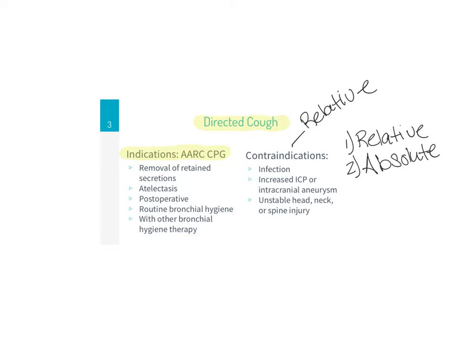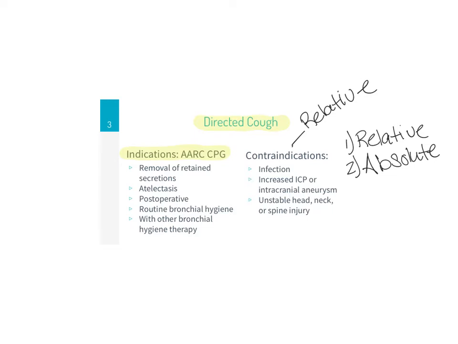Tuberculosis, if you're getting a sputum sample, you're going to want to cough it up and out. So remember, they're relative. So with TB, not necessarily every patient do you want them to cough and get it up and out. If you want a sputum sample from a TB patient, yeah, you're going to want them to cough so you can get that sample, or a suspected TB patient, I should say.